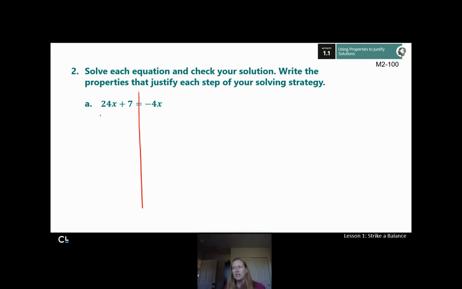Since that is a positive 24X, I'm going to subtract that 24X, but if you do it to one side, you must do it to the other. Which means right off the bat, we've used the subtraction property of equality. Oh my goodness, it takes me longer to write out these properties than to do it. So, subtraction property of equality.